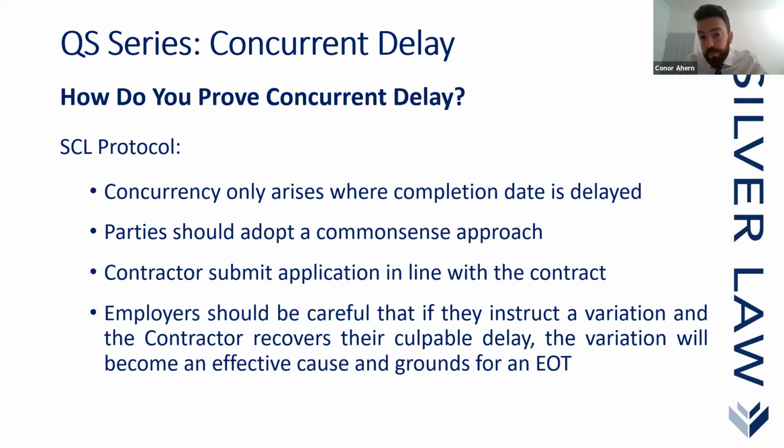It's a valid point that I've included, because it does apply, and employers should be mindful of that when looking to instruct variations, particularly towards the latter end of any contract.